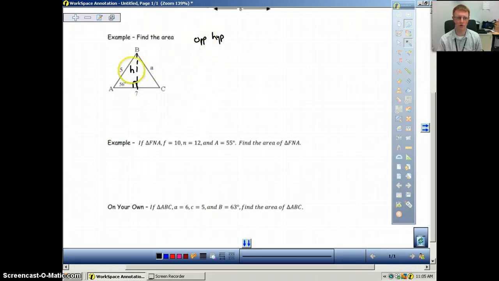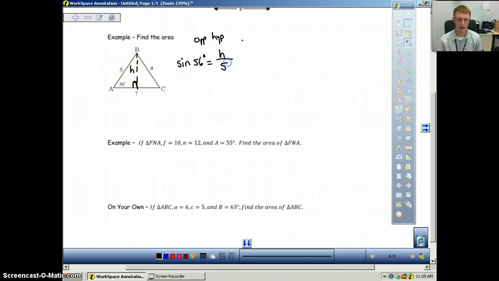So we're going to say sine of 56 degrees equals h, which is the opposite, okay, not hypotenuse. h is the opposite side over 5.